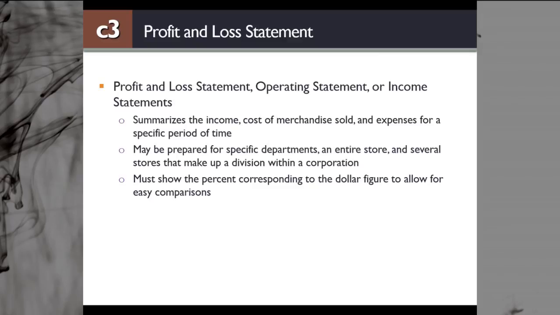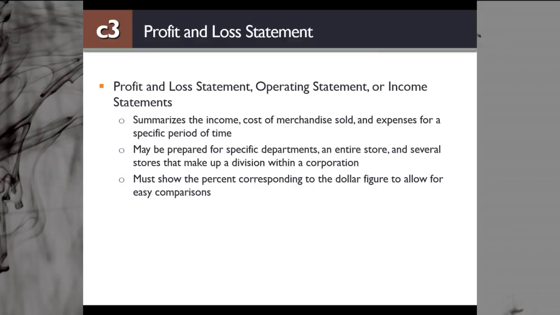And this is really important to summarize your income, cost of merchandise sold, and expenses for a specific period of time, and income means sales and other possible incomes, and it may be prepared for specific departments, an entire store, and several stores that make up a division within a corporation.